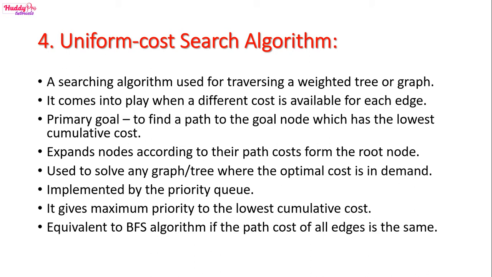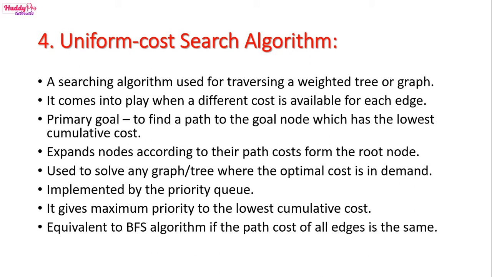The primary goal of the uniform cost search is to find a path to the goal node which has the lowest cumulative cost. The uniform cost search will expand nodes according to their path costs from the root node, and it can be used to solve any graph or tree where the optimal cost is in demand.